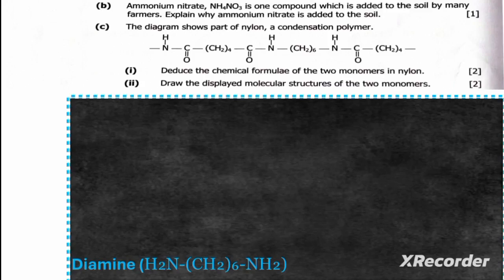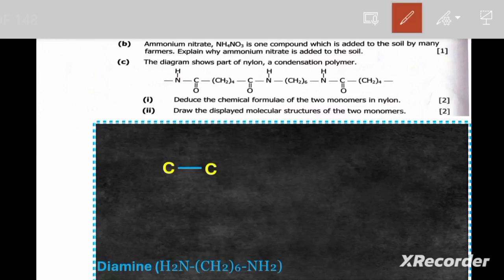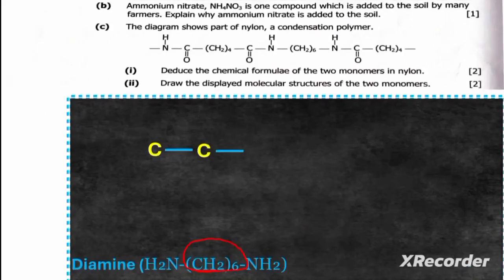For the diamine, the first thing we are going to do is draw this chain, which is surrounded by NH2. We can see that here we have 6 atoms of carbon and 12 atoms of hydrogen.